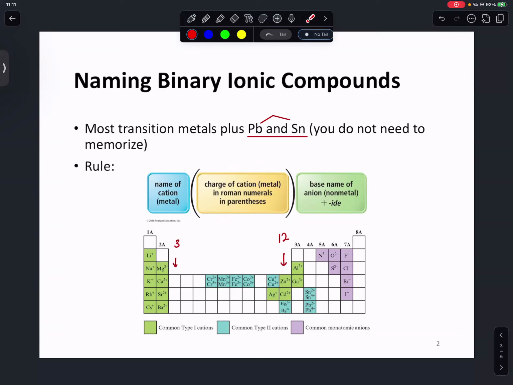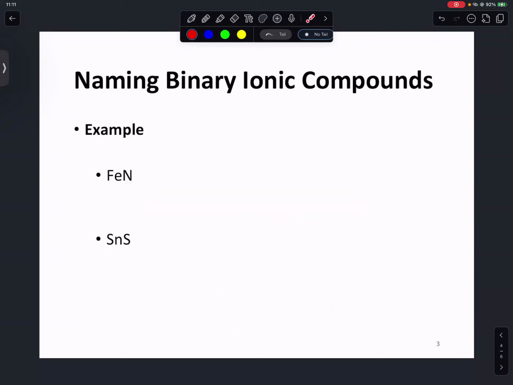I will illustrate in the example on the next slide. The last thing is we add the nonmetal portion by adding the base name of the anion and the suffix -ide. So let's look at how we are going to name these binary ionic compounds.